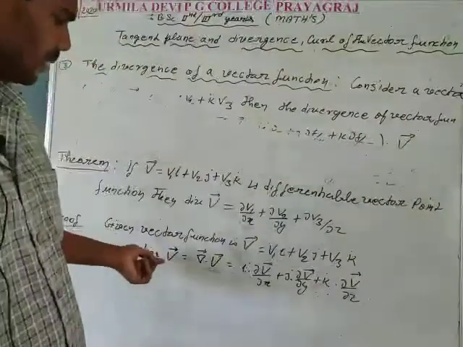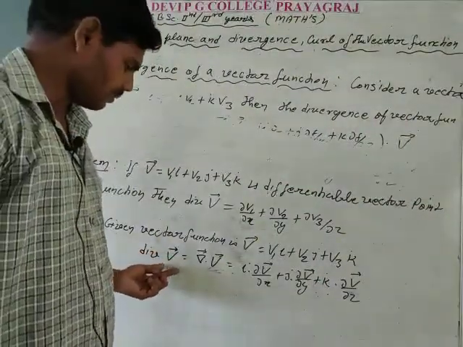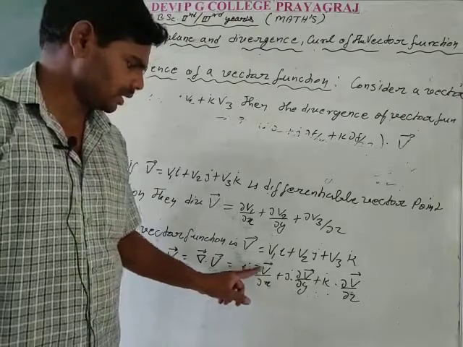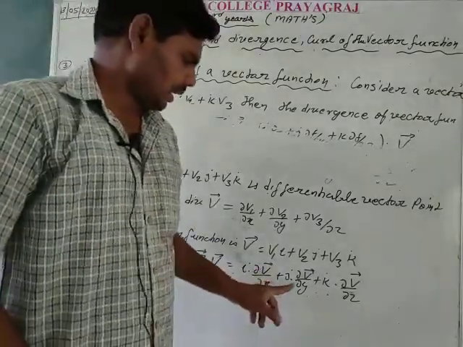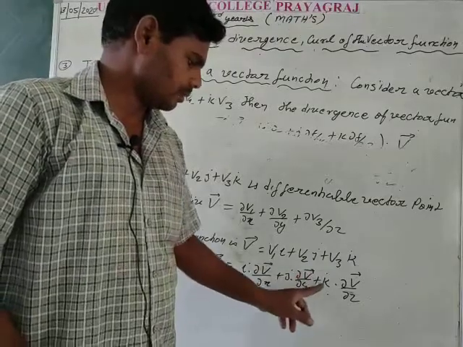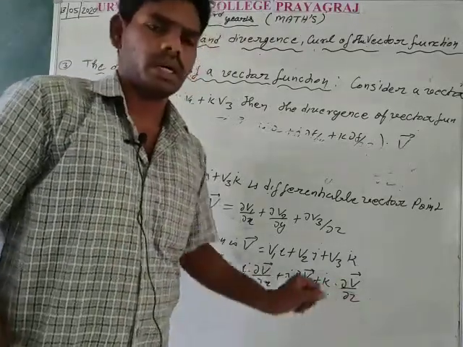By definition, the divergence of vector point function V is i dot del V by del x, the partial differentiation of vector function V, plus j dot del V by del y plus k dot del V by del z.